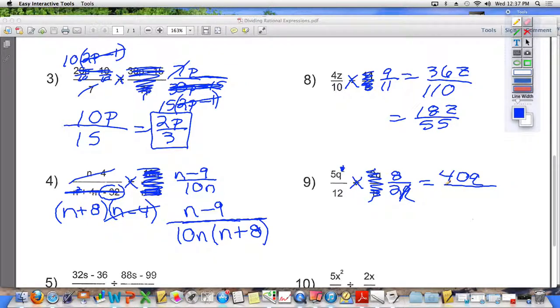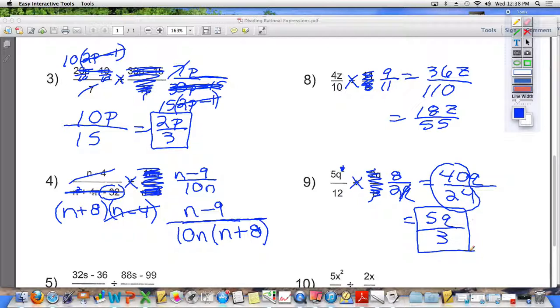And then in the denominator, 12 times 2 is 24. Reduce 40 over 24. What do you get? You end up with 5q over 3.